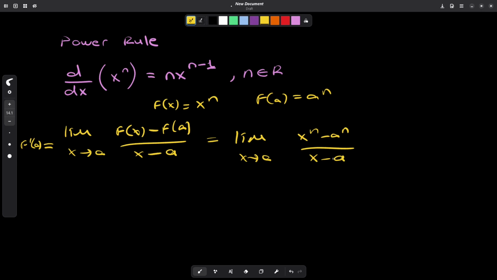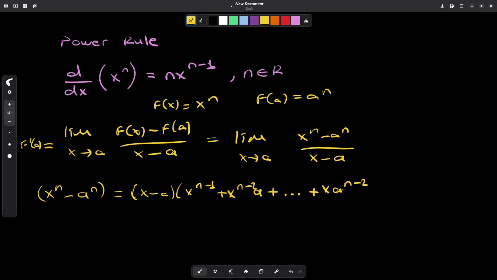To cancel the x minus a, we need to write x to the n minus a to the n in a different form, right? We need to take the x minus a out of this. So this will give us x minus a times x to the n minus 1 plus x to the n minus 2 times a, and it will continue like this, plus x times a to the n minus 2 plus a to the n minus 1.